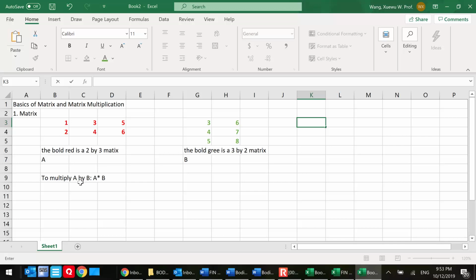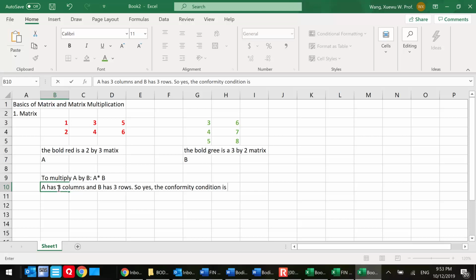If you do this matrix multiplication, a 2 by 3 times a 3 by 2, yes, it can work. A has 3 columns and B has 3 rows. So yes, the conformity condition is satisfied. You can multiply them. If you do A times B, what's the dimension of the resulting matrix?